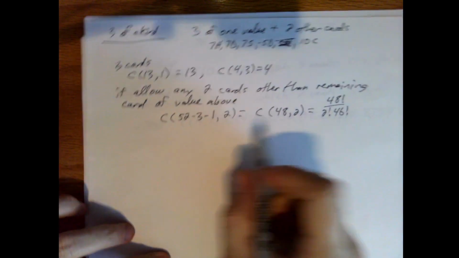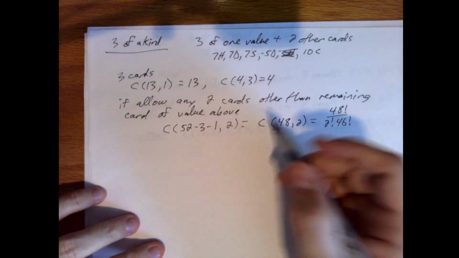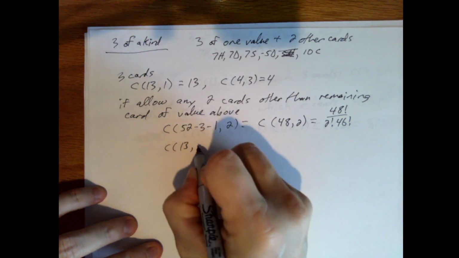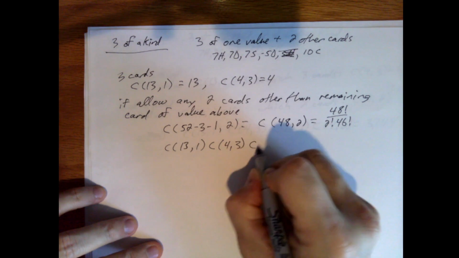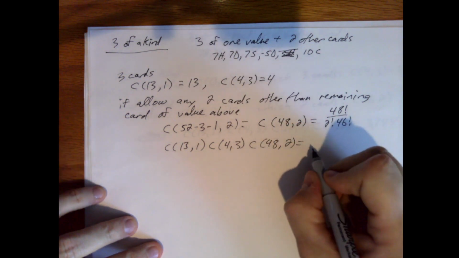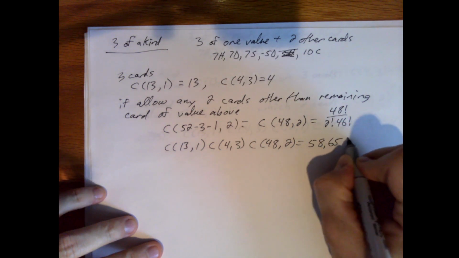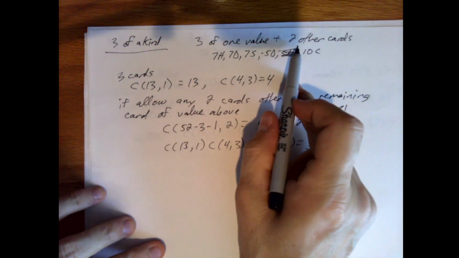Now if we do it this way, and this is technically wrong, but I'm working towards something, then what we have here is C of 13, 1, times C of 4, 3, times C of 48, 2, which is equal to 58,656.